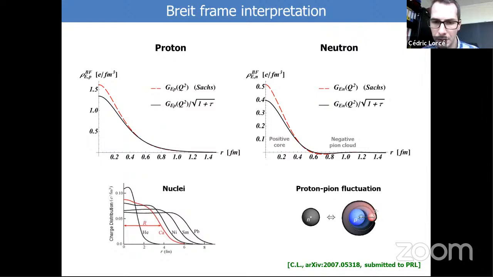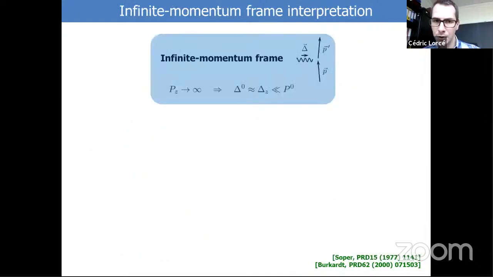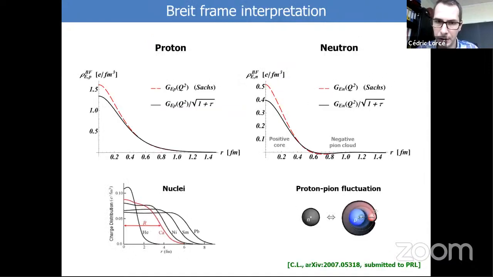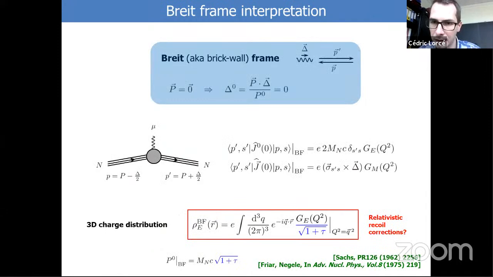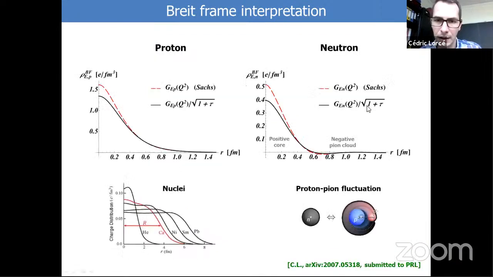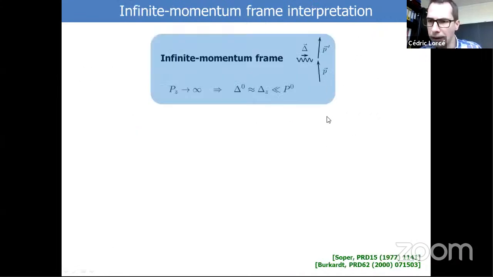At the beginning of 2000, about 20 years ago, a new picture emerged, essentially the one based on the infinite momentum frame. Instead of working in the Breit frame, where the initial and final momenta are opposite to each other, so the proton just bounces symmetrically and elastically on the electromagnetic field, here we are considering a proton moving so fast that the interaction with the electromagnetic field almost doesn't change appreciably the momentum and energy of the system.